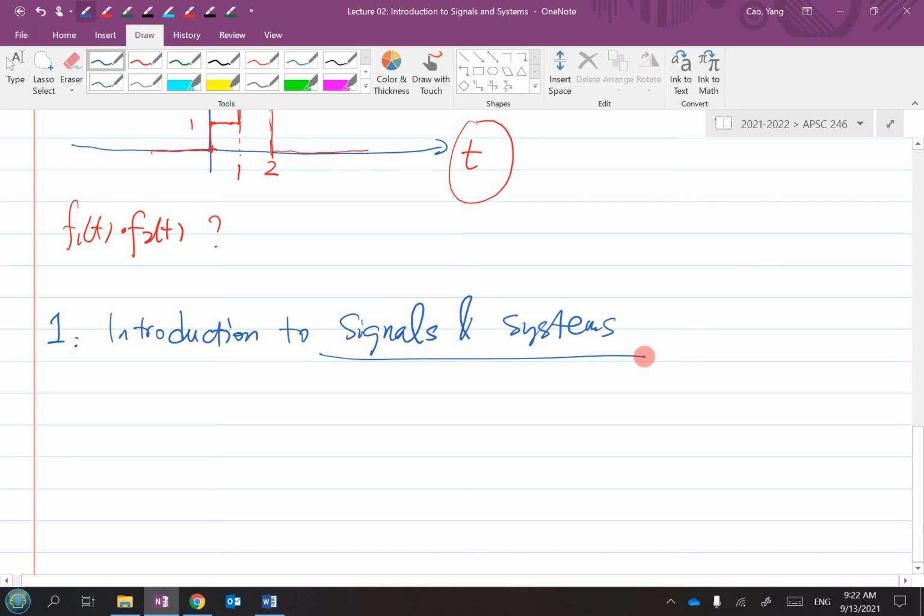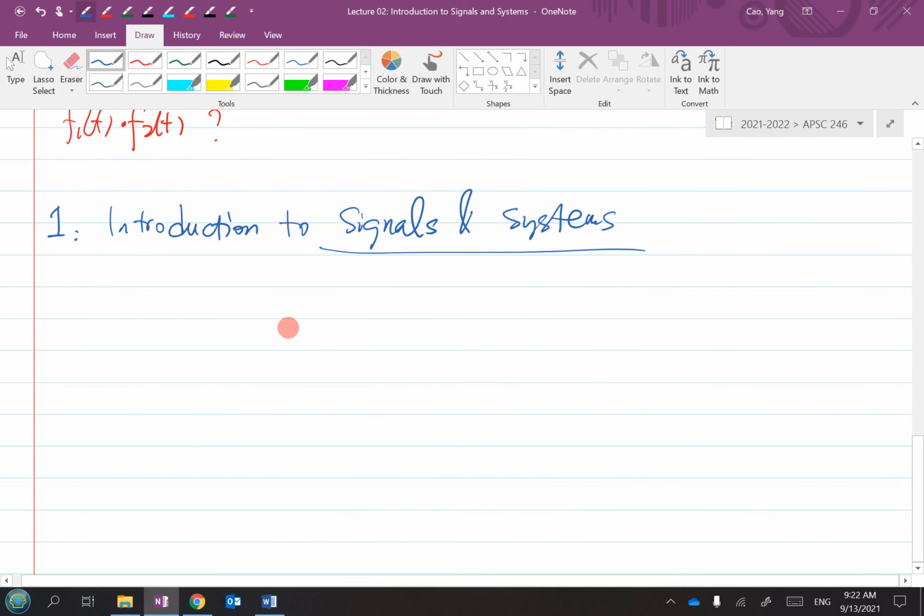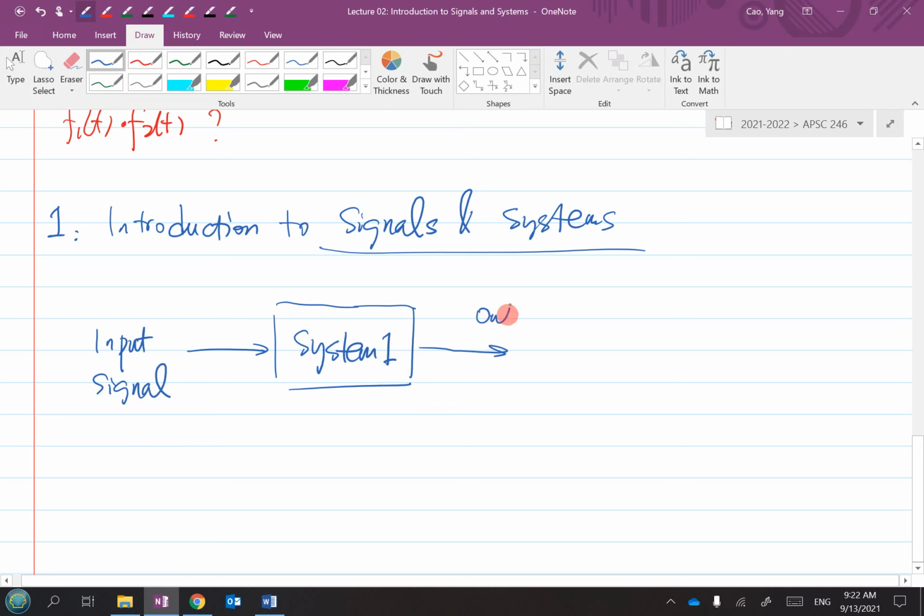First, let's talk about the system concept. I think I mentioned this a little already in the first lecture: when we talk about a system, we can always use a box to represent it. That's very common to see, especially when you design a control system, you draw a box to represent an actual system. The box can be anything inside. A typical system has one input and one output.